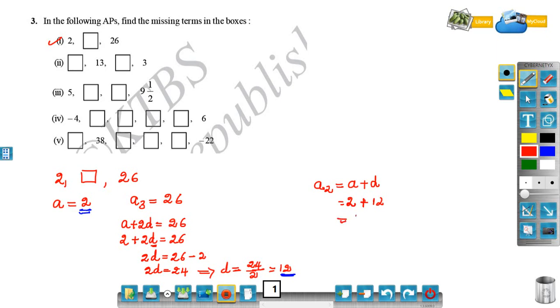So, 2 plus 12 is equal to 14. So, we got second term is equal to 14. So, we can write here in the blank, we can write 14. So, like this we have to solve the remaining problems. I will solve one more.